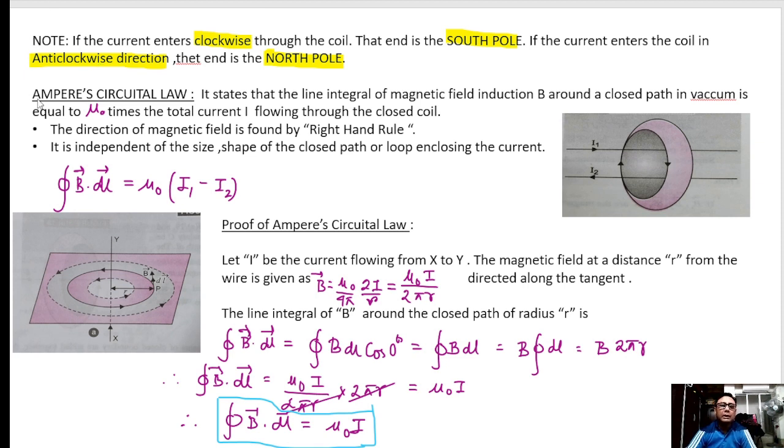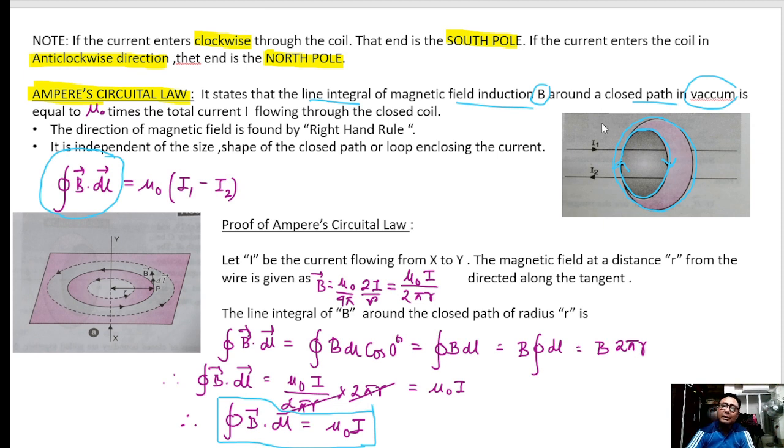The Ampere Circuital Law, again a very important topic, Ampere Circuital Law. So what is that? It states that the line integral of magnetic field induction B around a closed path in vacuum, mind it, it is in vacuum. This is a closed path, watch here, this is a closed path, also this is a closed path. So the current in this is flowing like this, and the current in this is flowing like this.